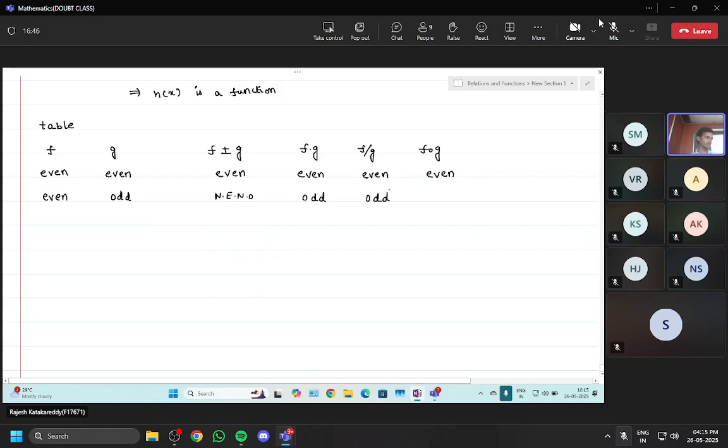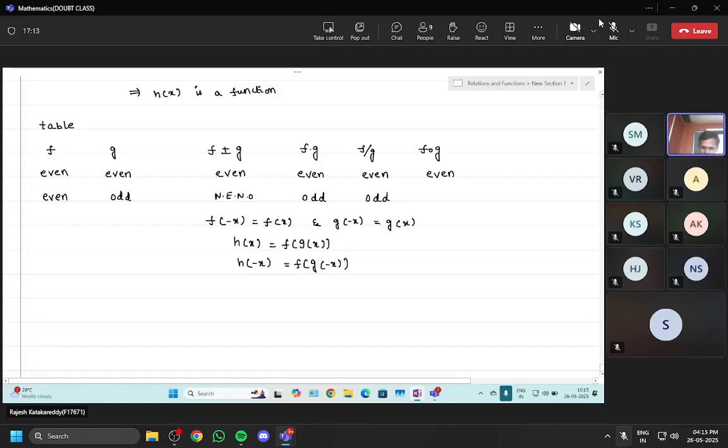Composition, if you are doing, I'll give you an argument for composition. We know f of minus x is equals to f of x, and then we know g of minus x is equals to minus g of x. Let's say we are interested in composition h of x, that is f of g of x. h of minus x, we are finding that is f of g of minus x.